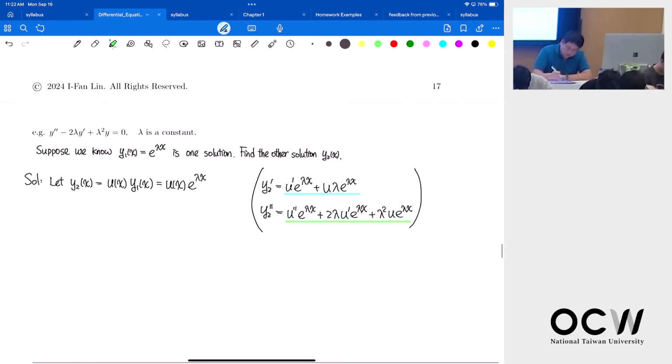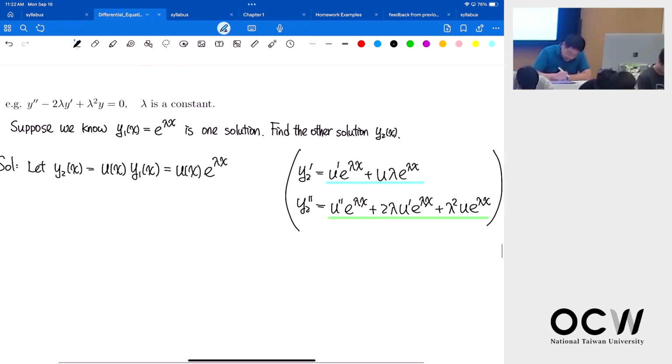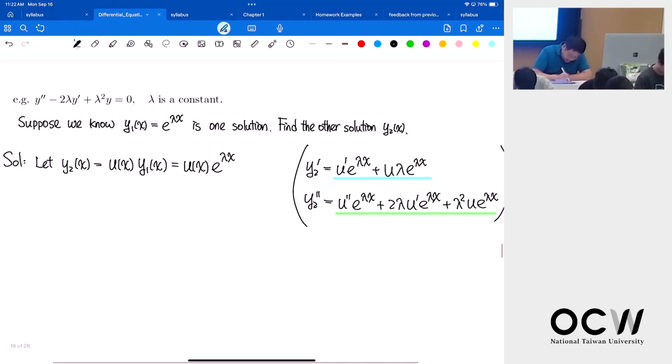Okay, now bring it back to the original equation. First, just write down again: y2 double prime minus 2 lambda y2 prime plus lambda squared y2 equals 0.